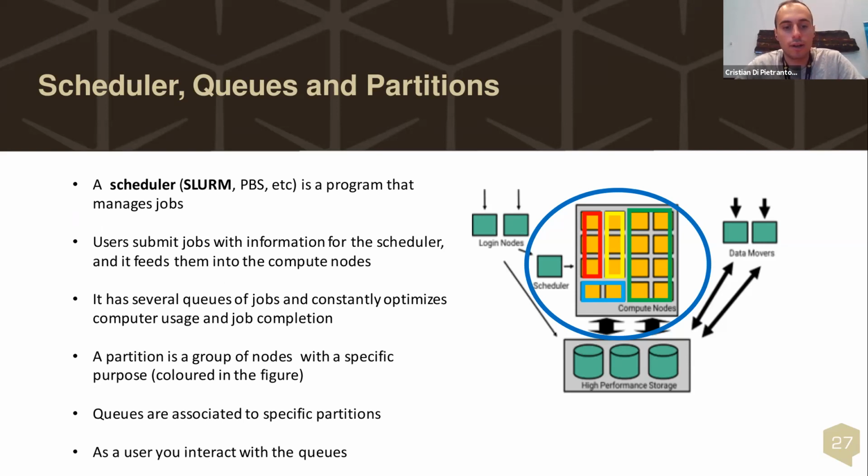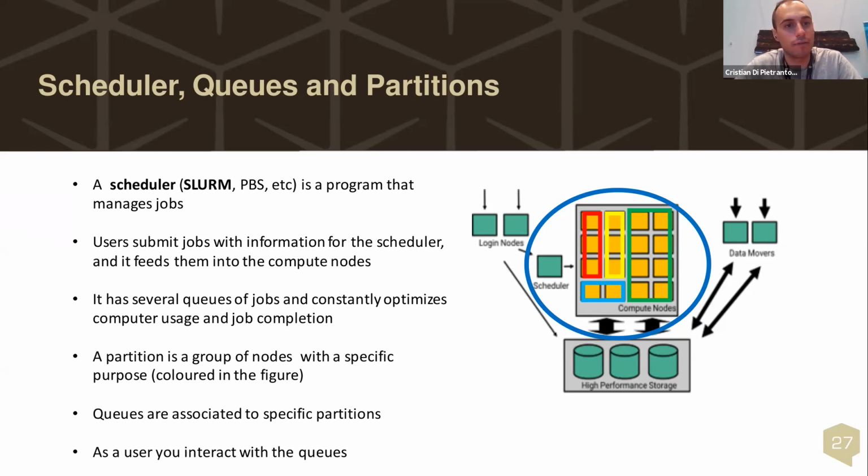The scheduler partitions the compute nodes into different sets. These sets are called partitions, and it is done this way because compute nodes are not equal.